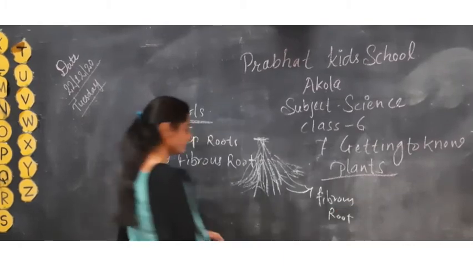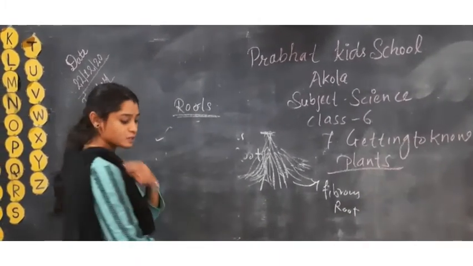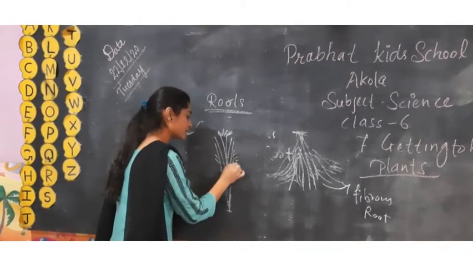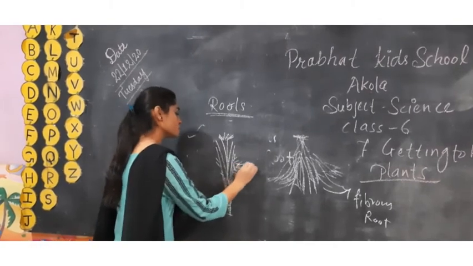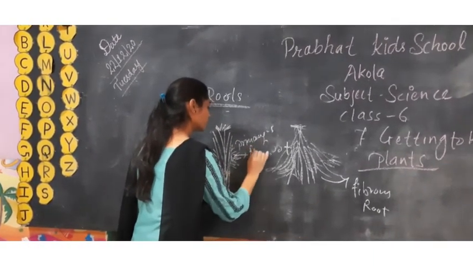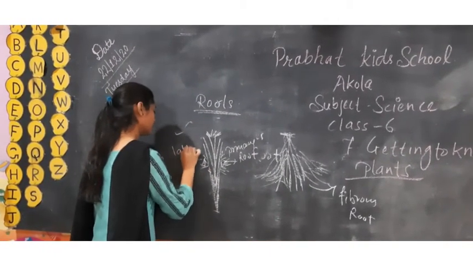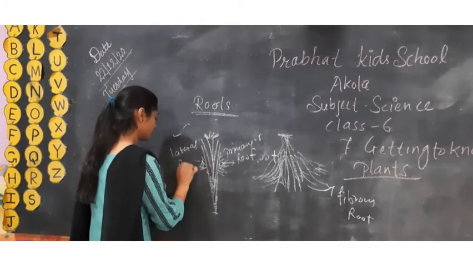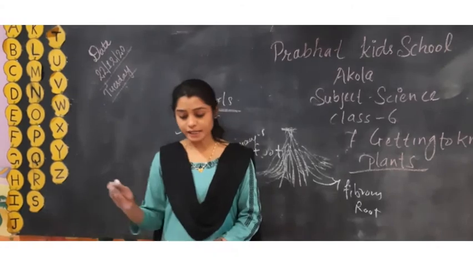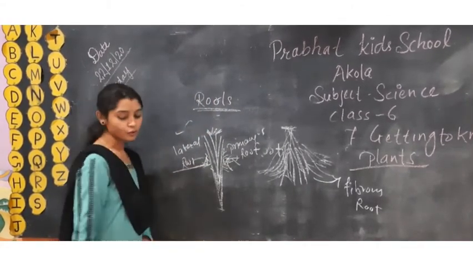And if we discuss the other root, that is the tap root, this root is at the bottom level, and when it forms the lateral root structure, this root is called a primary root, and the lateral roots are the smaller ones. So the main root is called a tap root, and the smaller roots are called lateral roots.